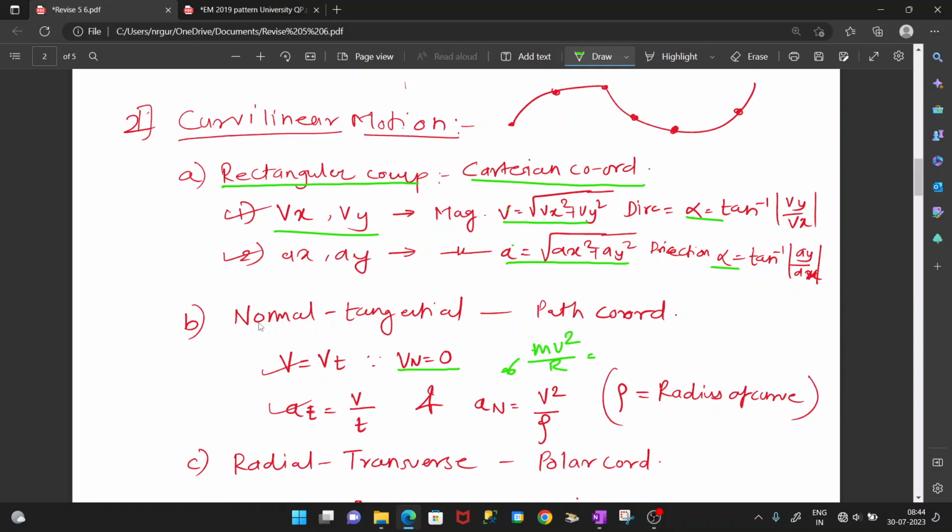If you are on a track on a curved path, then one force will always be acting towards the center of that curved path, and that force is nothing but mv square upon r. So we are calling it a centripetal force. That centripetal force should be taken into consideration here, and this is how the formula is formed.